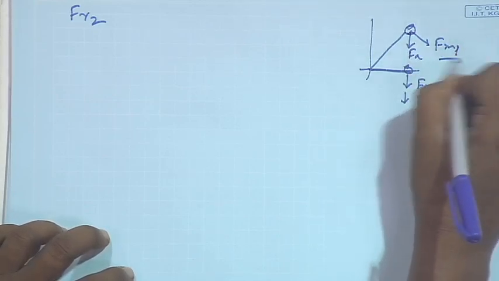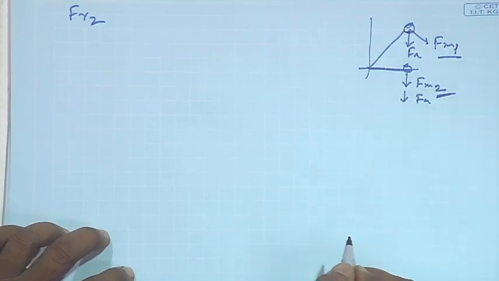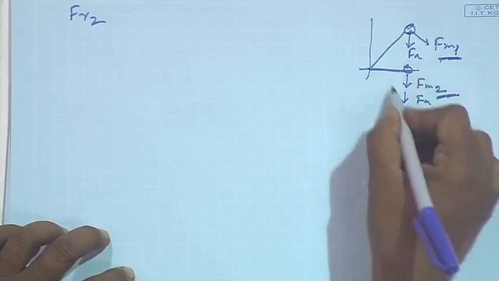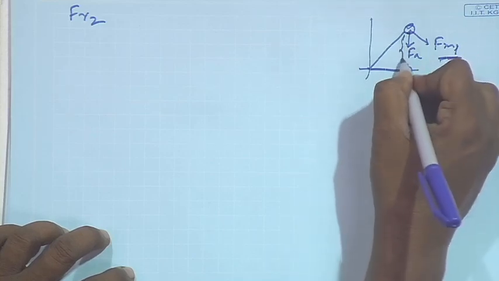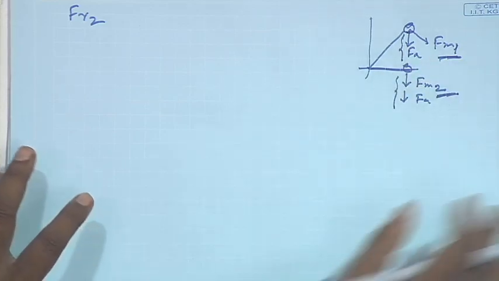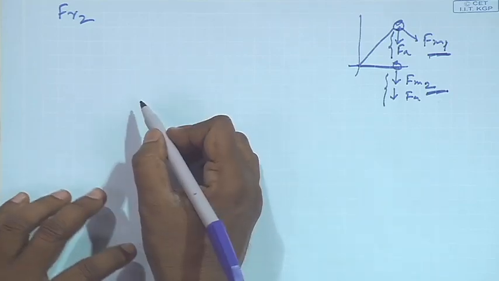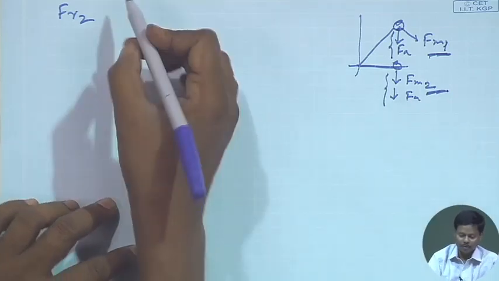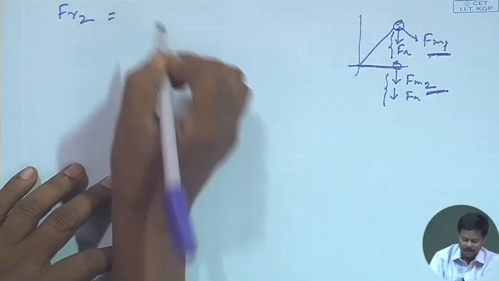This Fm1 and Fm2 are not the same, this is more and this is less. Again here directly we can add, but here we have to get the resultant. So, without calculation we will not be able to predict which one will be more. So, we have to find out Fr2 also.